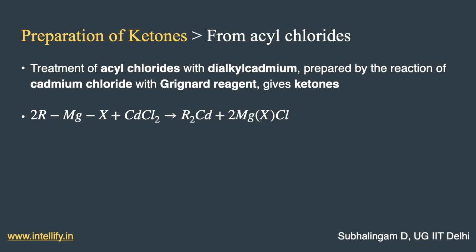I get R2Cd plus some byproduct, that is MgXCl. So this R2Cd is dialkyl cadmium, that is what we need. So now I take this R2Cd and treat it with RCOCl, that is acyl chloride. I get R-CO-R, which is the ketone which we desire, along with CdCl2 as byproduct.